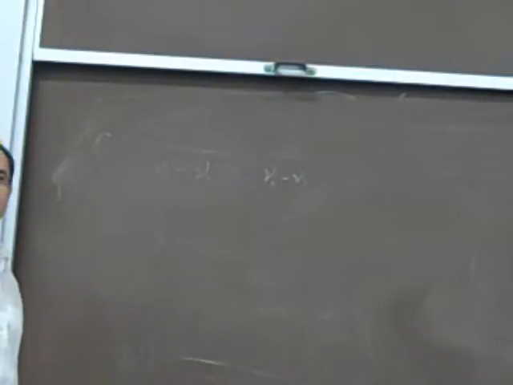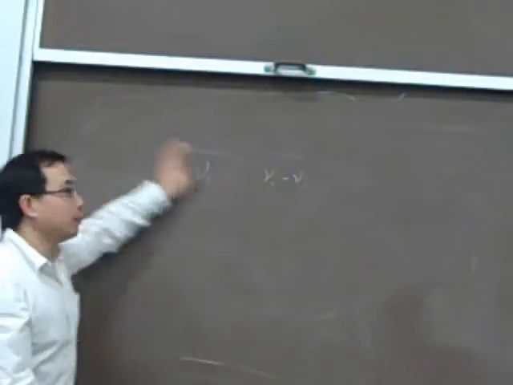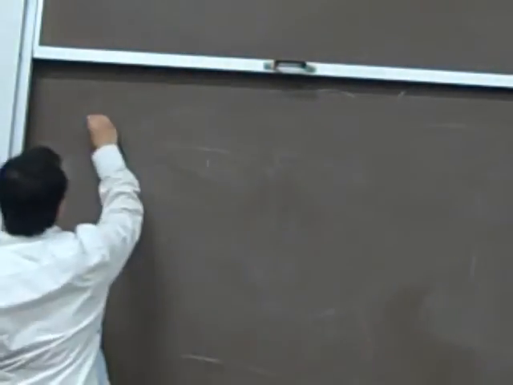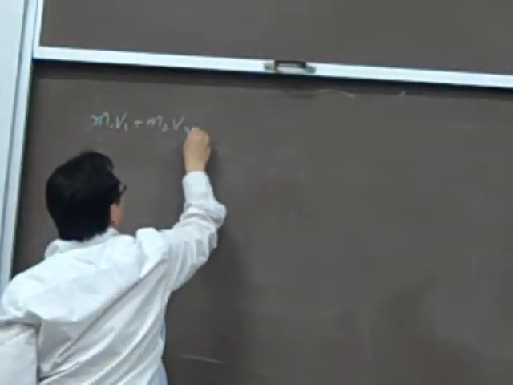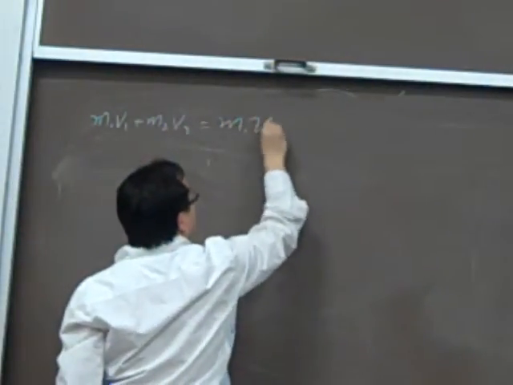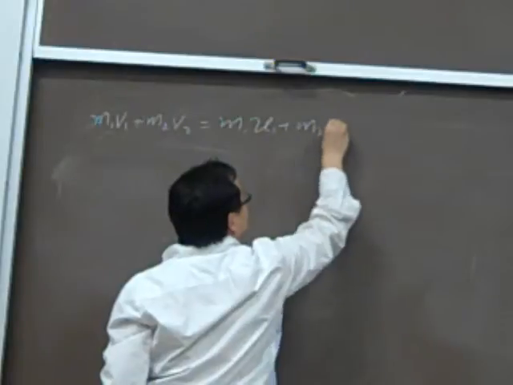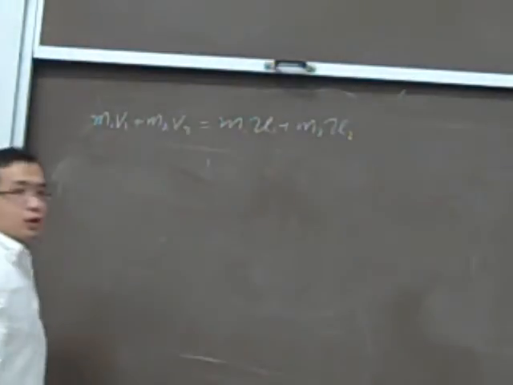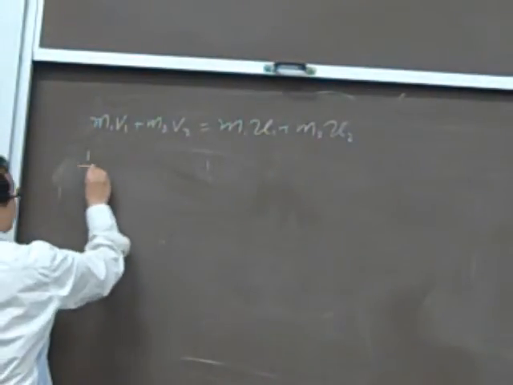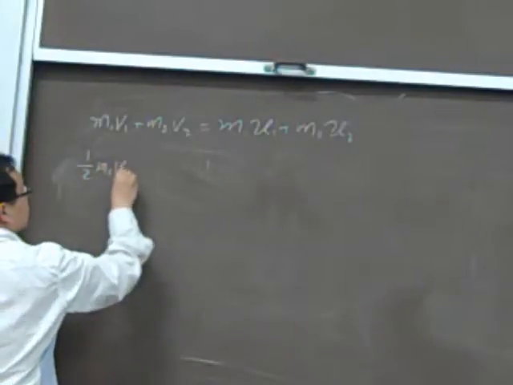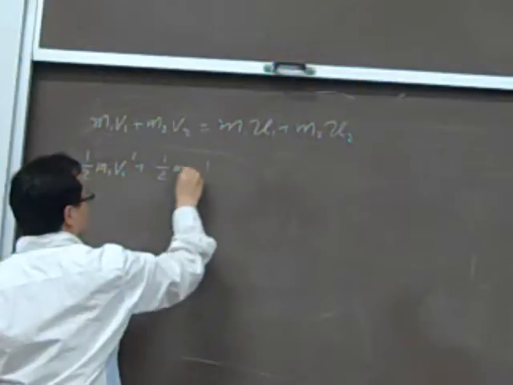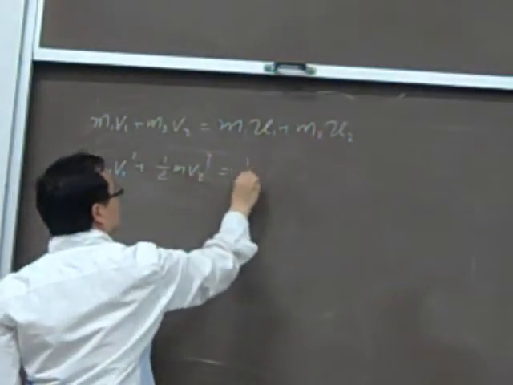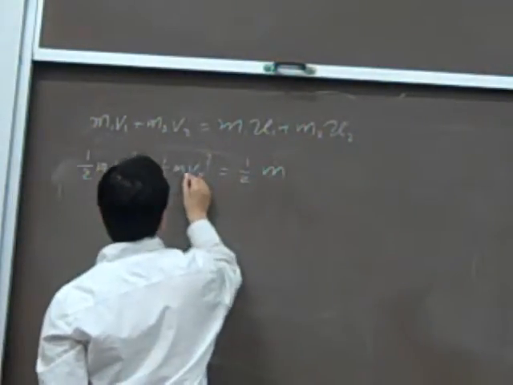Now, for elastic collision, let's do the calculation. For elastic collision, we have two equations, right? Momentum conservation and kinetic energy conservation. This is M2.